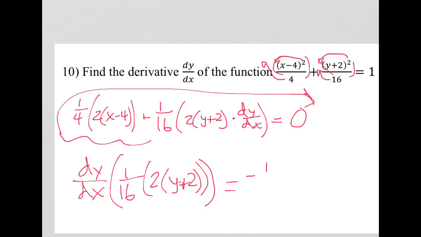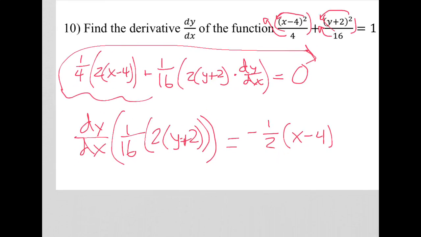So negative 1/4 times, let's combine that 2 and that 1/4 and write that as 2/4, which is 1/2. So negative 1/2 times x minus 4.